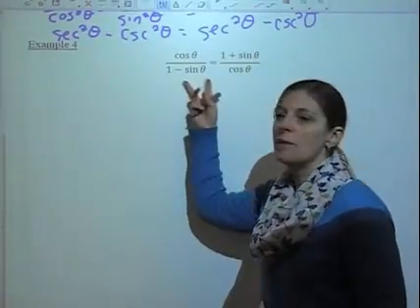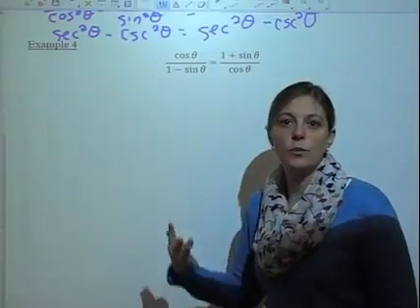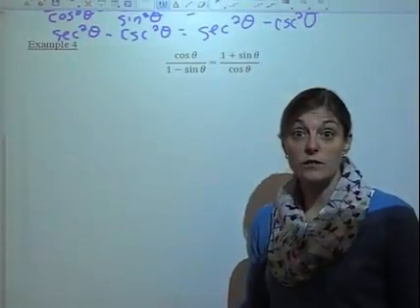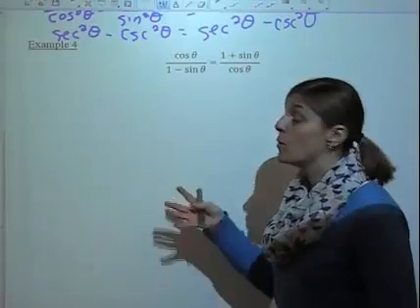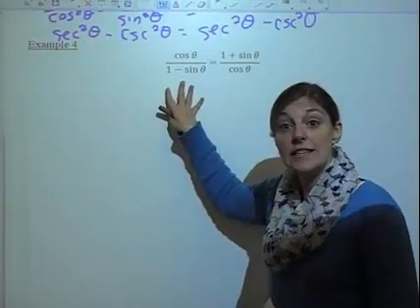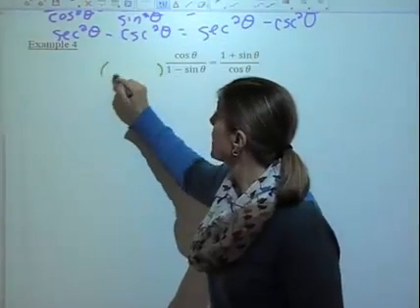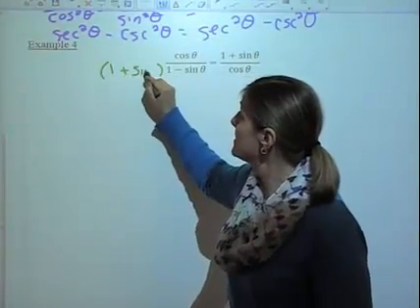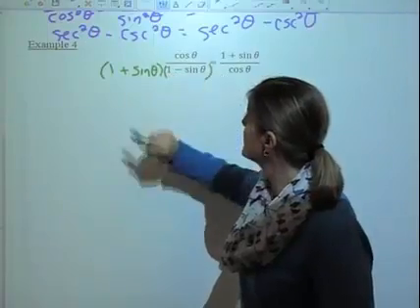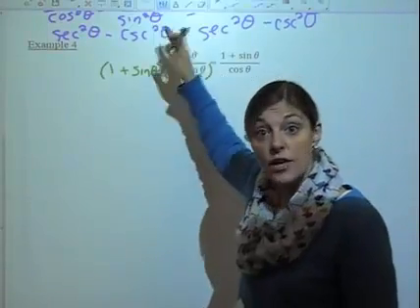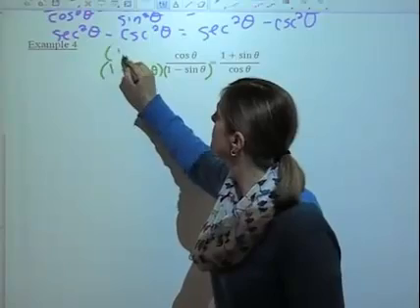So what could we multiply this by so that it would be a difference of squares? Okay? And when we want to have a difference of squares, it's going to be exactly the same thing, but we're going to have a plus in the middle. So we're going to multiply this one by 1 plus sine theta, put that in parentheses, and then whatever you do to the denominator, you have to do to the numerator.